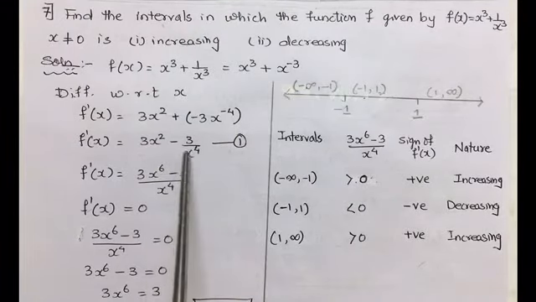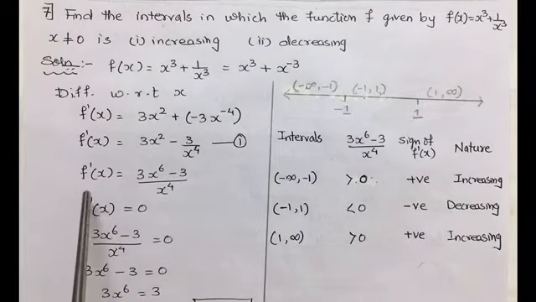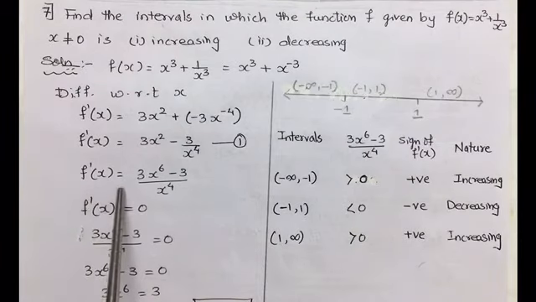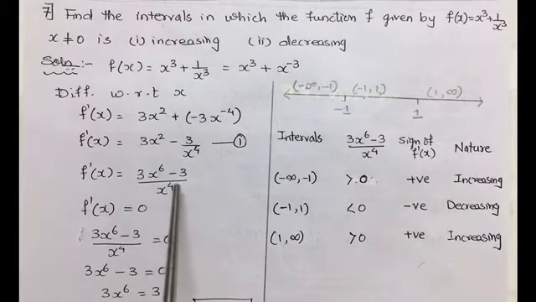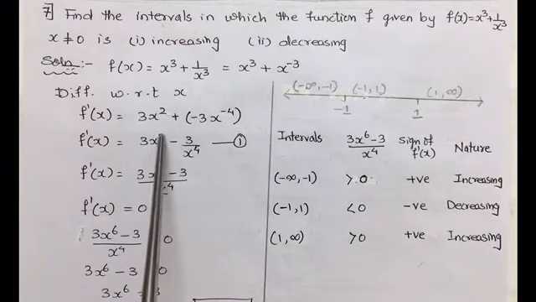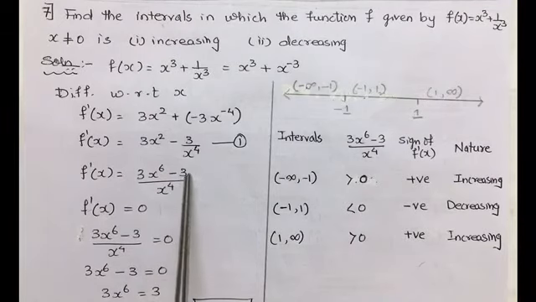We'll denote this as 1. Now if we take the LCM, f dash x will become 3x raised to 6 minus 3 upon x raised to 4, because x raised to 4 into x raised to 2 gives x raised to 6.